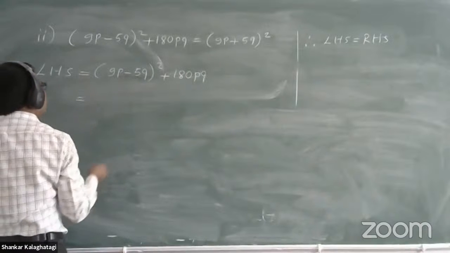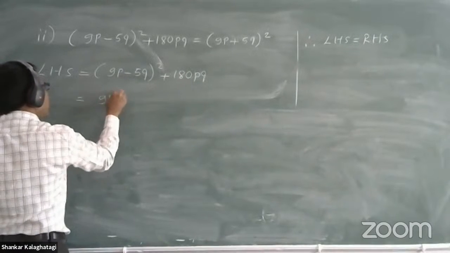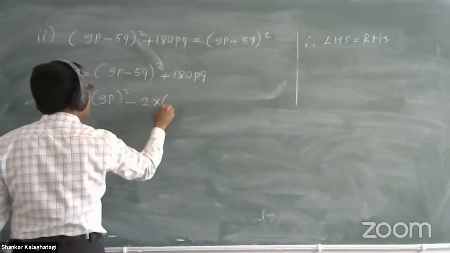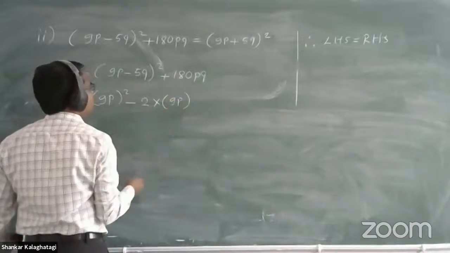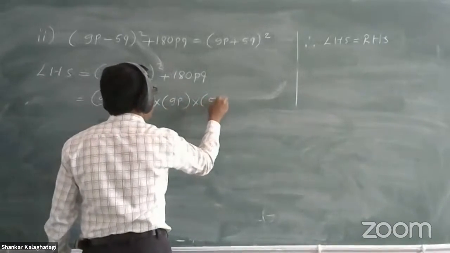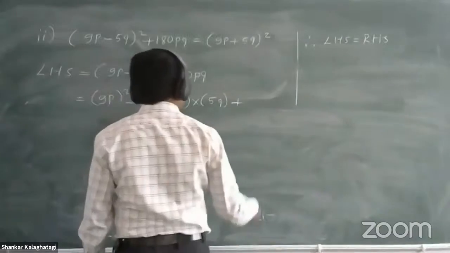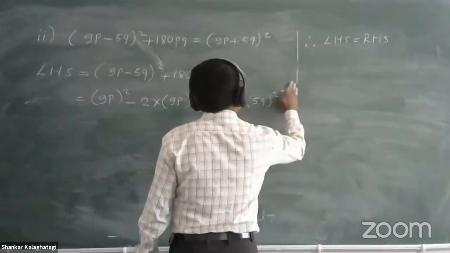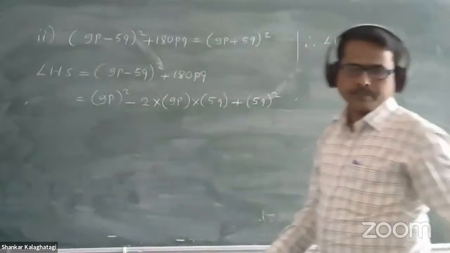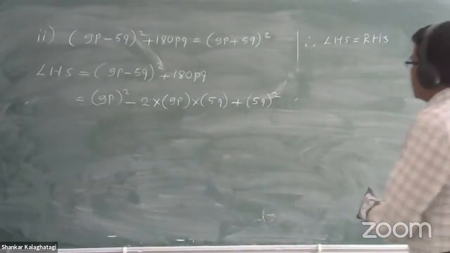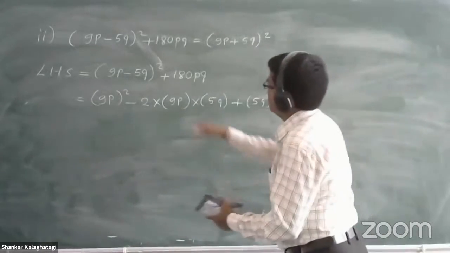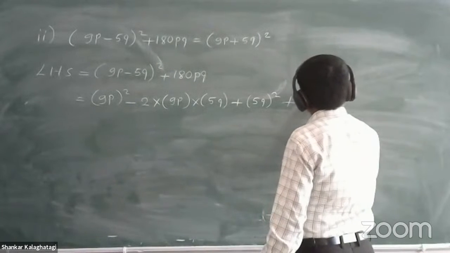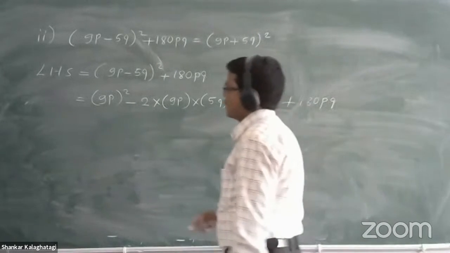Equal to first term squared, (9p)², minus 2 into first term 9p, second term 5q, plus second term squared, (5q)², plus 180pq. Now simplify this.